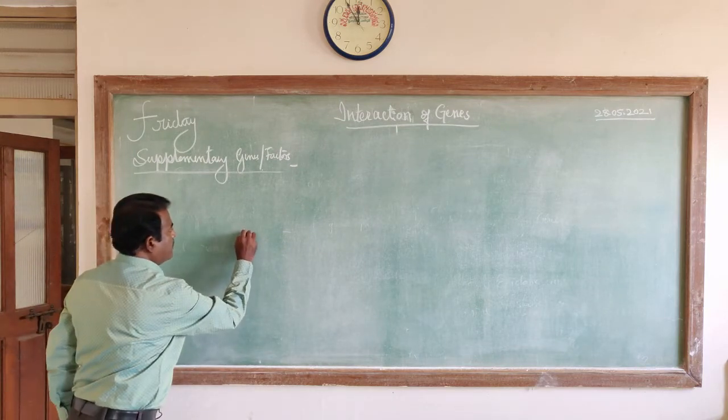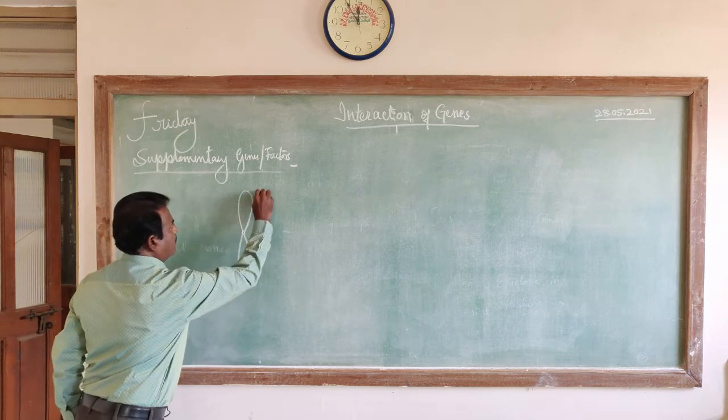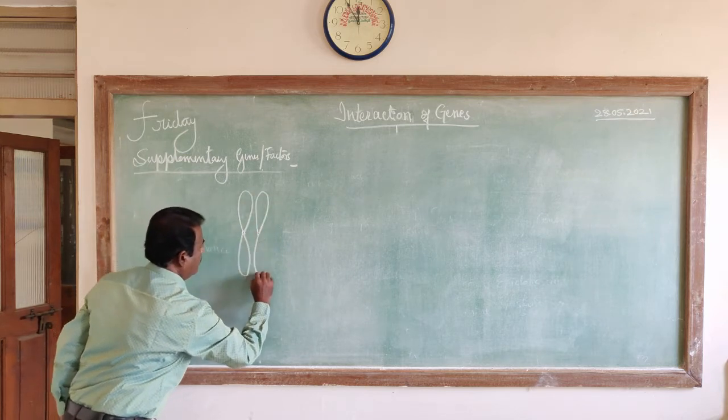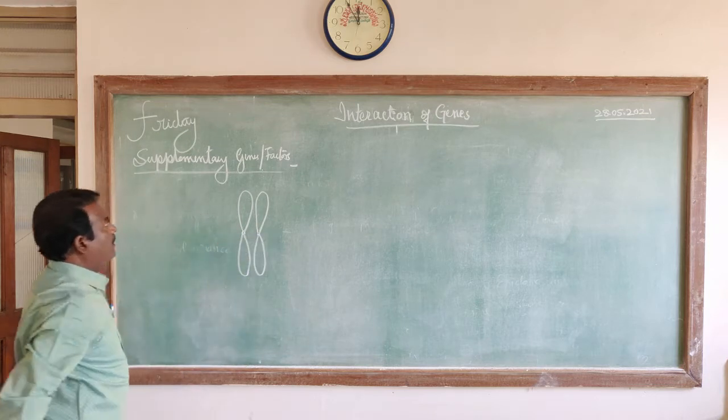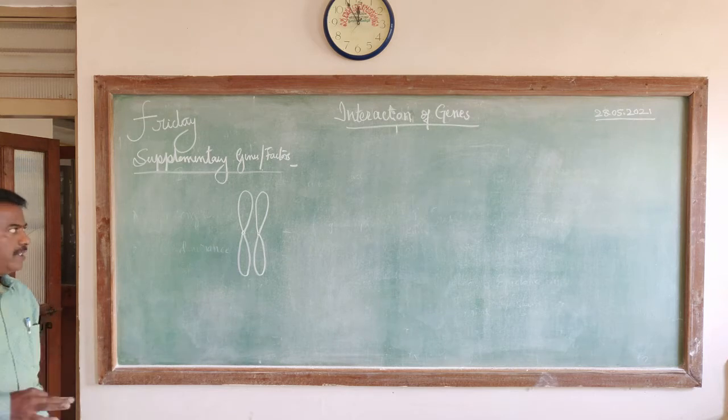Here is once again homologous paired chromosomes. Supplementary genes means there must be two dominant genes to express a single phenotype.